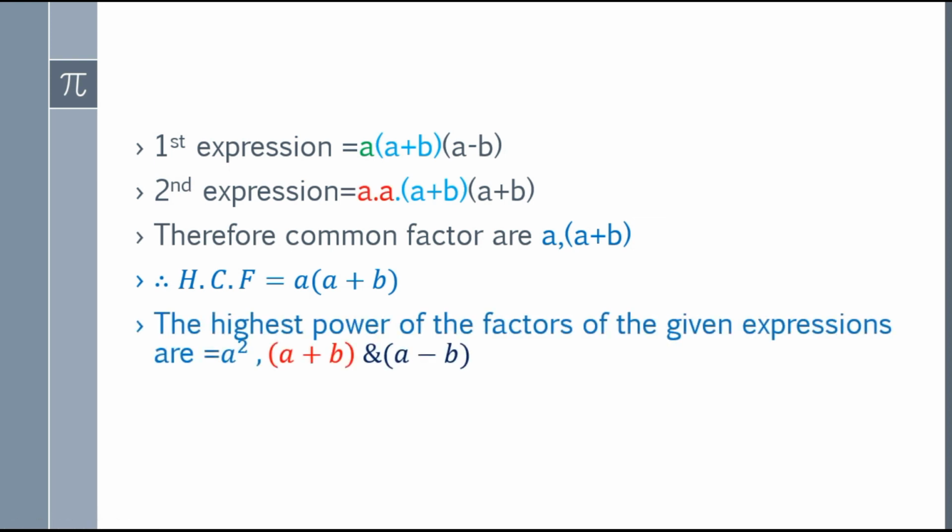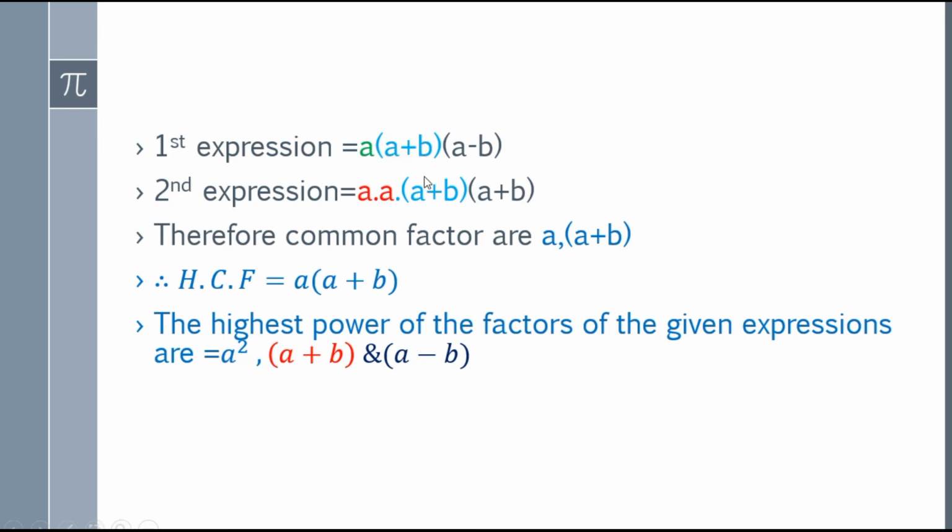So now we have to find the highest power of the factors. Here a has power 1, and here there are two a's, that means a². You have to take the highest power, so we have taken a².